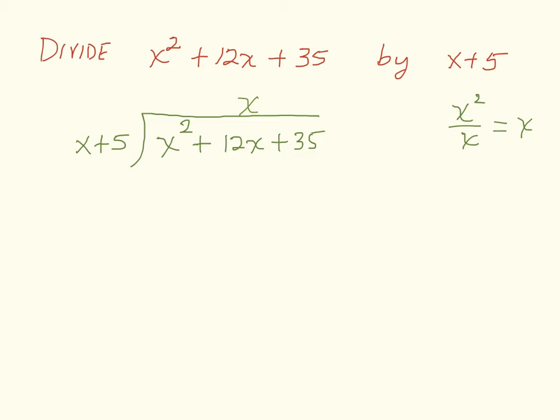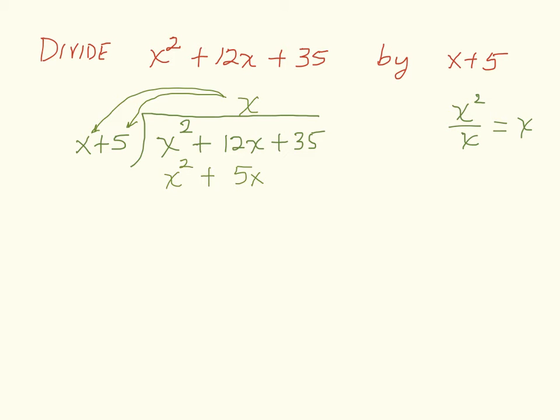Okay, so I just divided, but when I multiply, I'm going to multiply by 5 and by x. So I say x times 5 is 5x. Notice where I put it, 5x. I'm lining it up with the other x's. Then I say x times x is x squared.